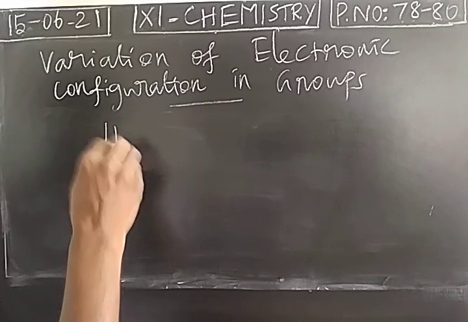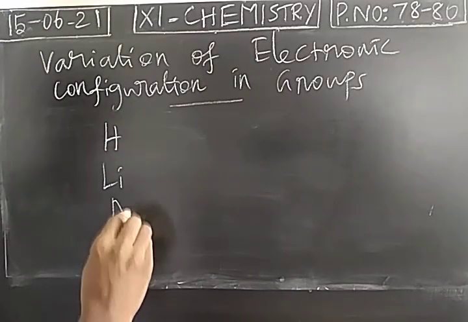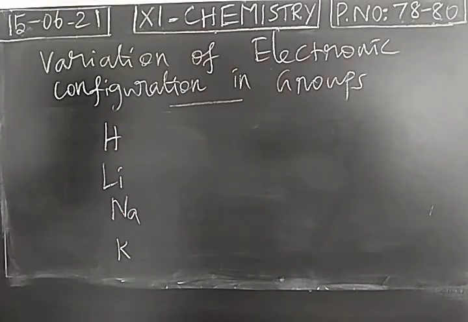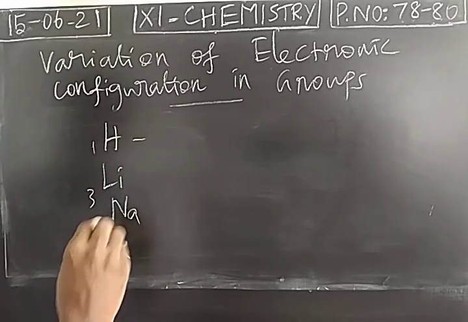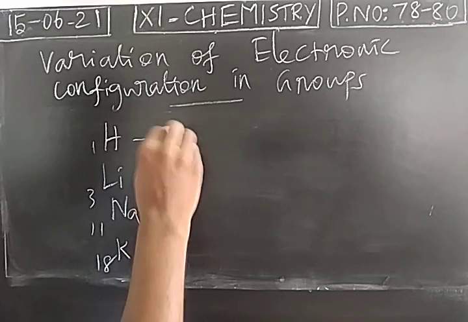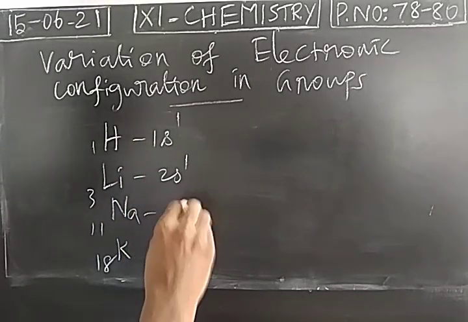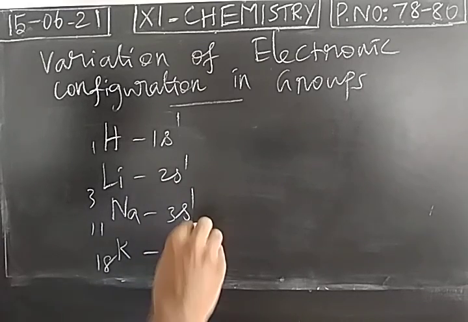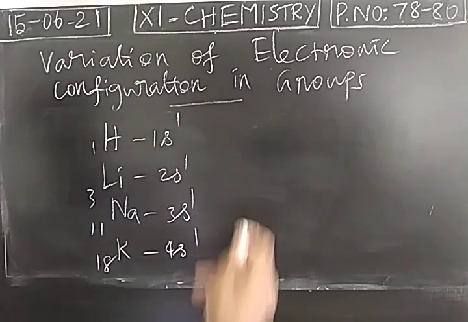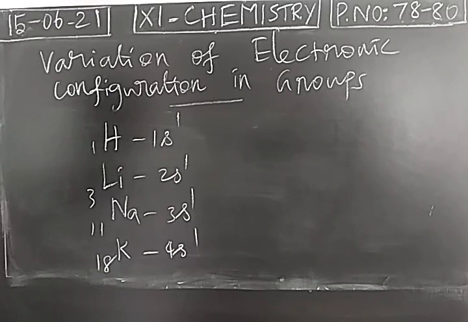As I told, hydrogen, lithium, sodium, potassium, all these elements have a similar outer electronic configuration: hydrogen 1s1, lithium 2s1, sodium 3s1, potassium 4s1. All the elements have one electron in the outermost s orbital. So if four elements have a similar outer electronic configuration, their properties will also be similar.